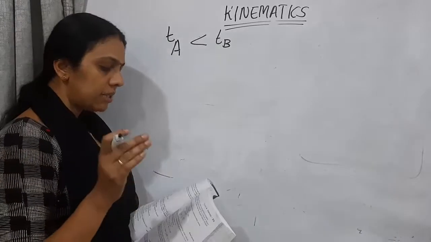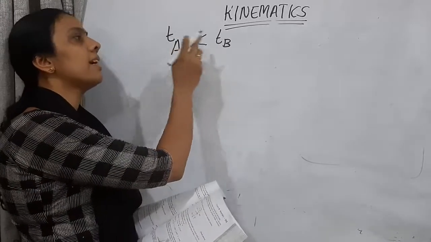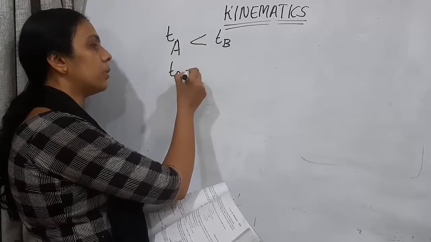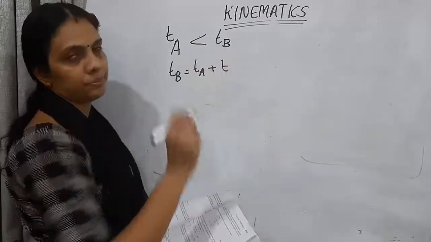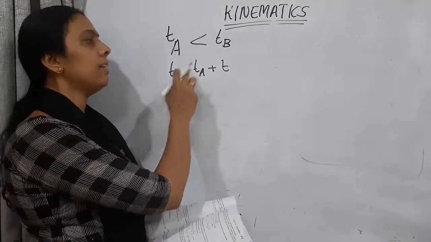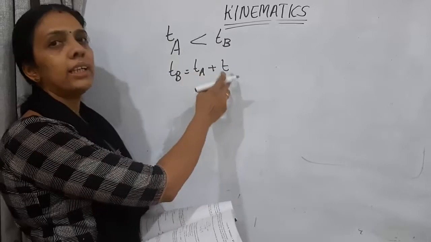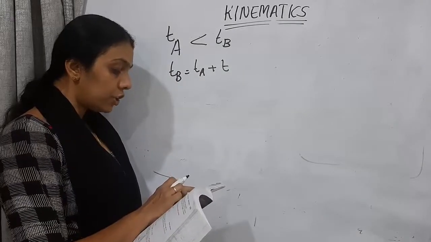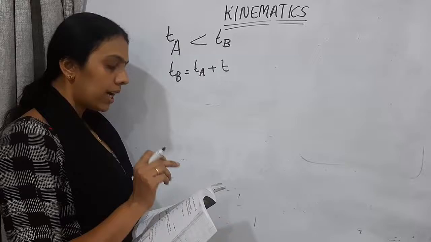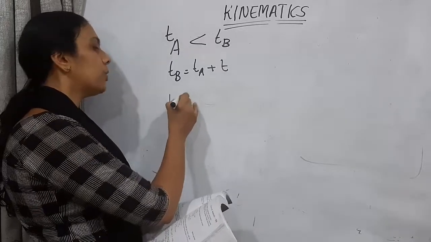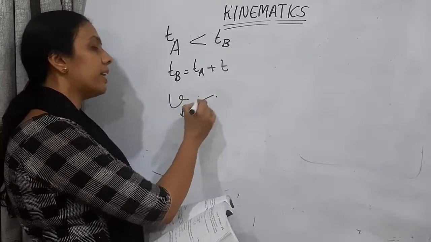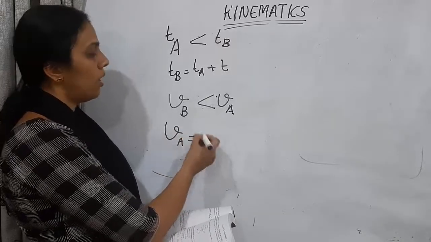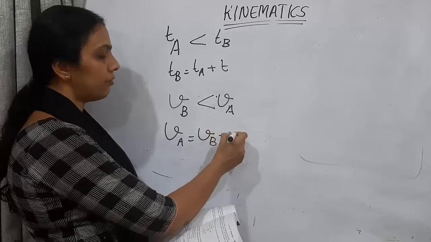So TB will be equal to TA plus T. The time taken by B is T greater than the time taken by A. Now, it passes the finishing point with a speed V more than that of car B. So the final velocity of B is less than the final velocity of A. That means the velocity of A will be equal to the velocity of B plus V.